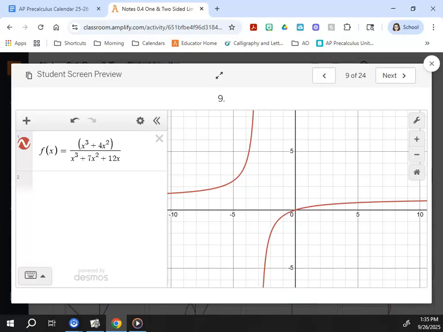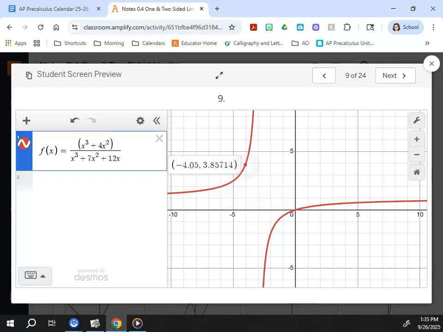So here's why I put this question on here. Don't fall into the trap just because the function has an asymptote. Don't assume that that's the limit you're looking for, because that's easy to fall into. But as I approach -4 from the left and from the right, even though it looks like I'm coming from the top, x is coming from the right, right? What am I approaching? X is approaching -4.